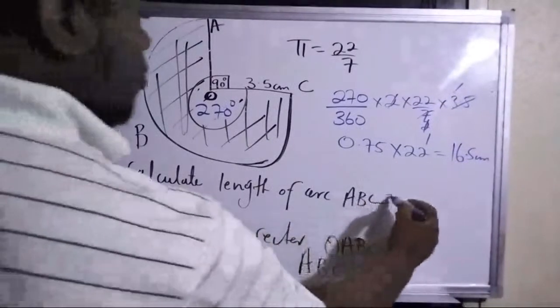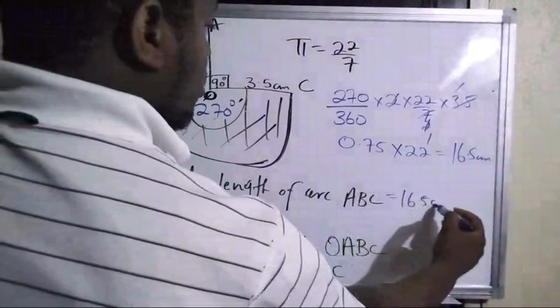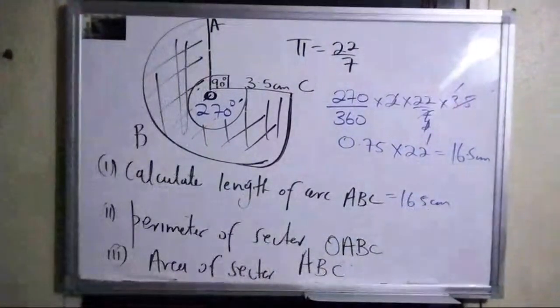And now it asks us for the perimeter of the sector. What will be the perimeter of the sector if that is 16.5?